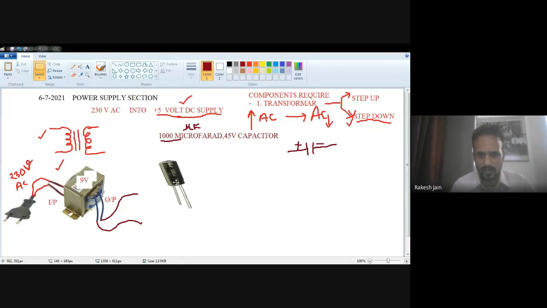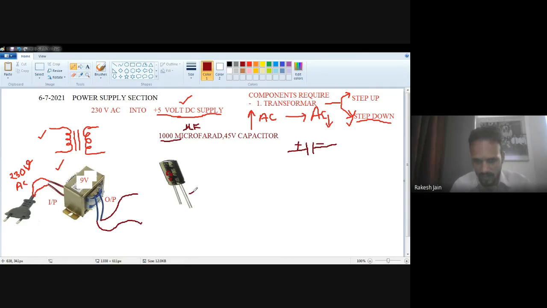Yes. So let it be a 1000 microfarad, 25 volt, 63 volt, anything. Let's suppose I purchase from the market a 1000 microfarad, 60 volt capacitor. You will see one terminal is long and one terminal is short.